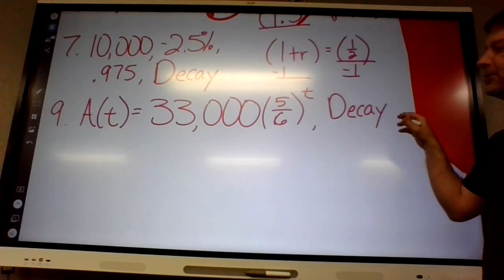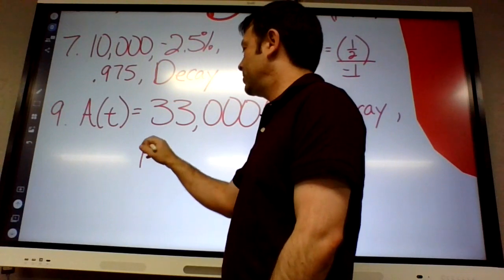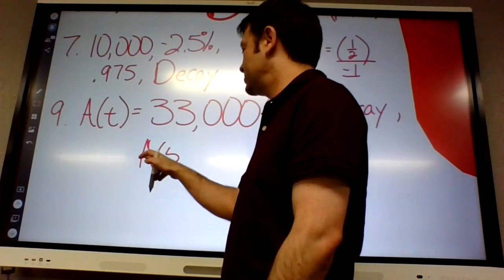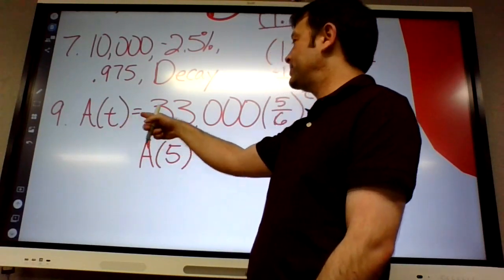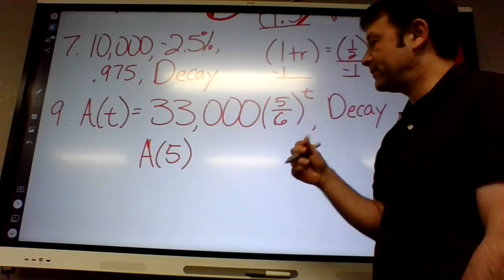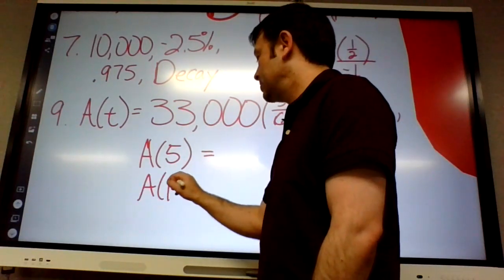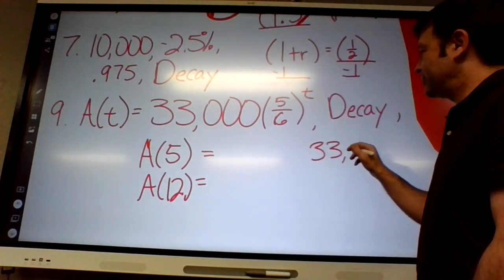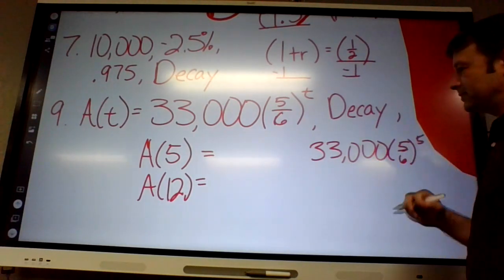What was the last question? Oh yeah, what's f of, or I put A, didn't I? Okay, so what's A of 5? They said f of 5, but put A's. Does that mean you put 5 in? Yeah, the variable is the time, t, so you just plug in 5, and they ask for A of 12, or f of 12. So you just plug into your calculator 33,000 times 5/6 to the 5th.